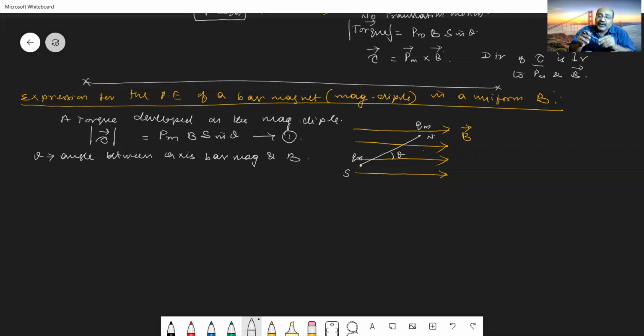But what I am going to do is rotate that magnetic dipole by applying an external torque, so that it can be rotated through an angle d theta.